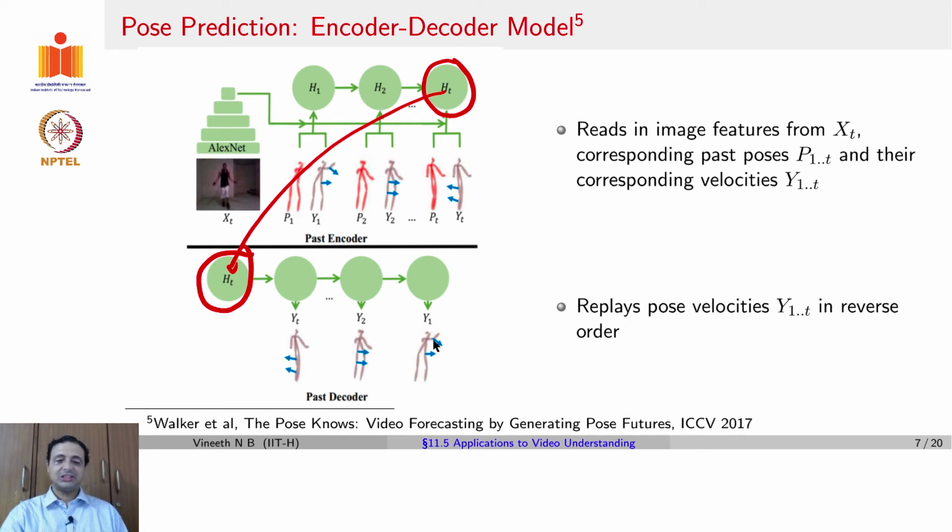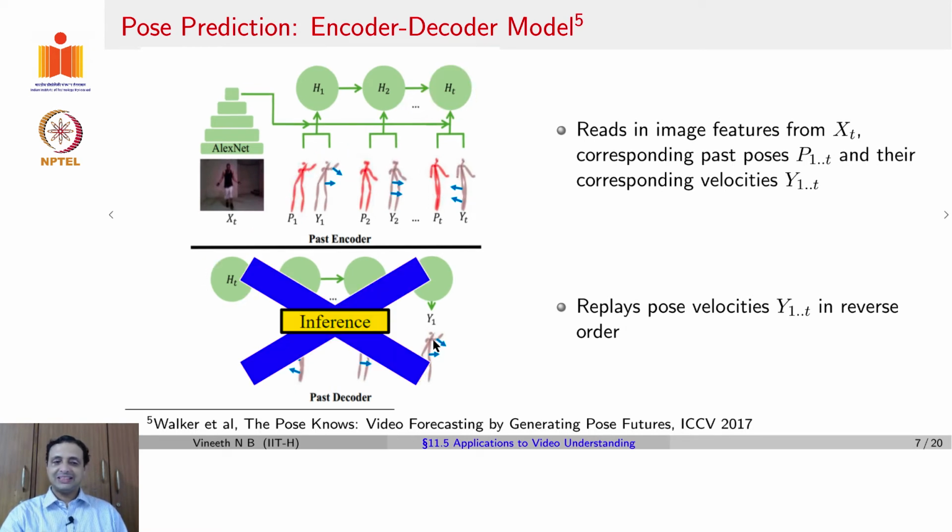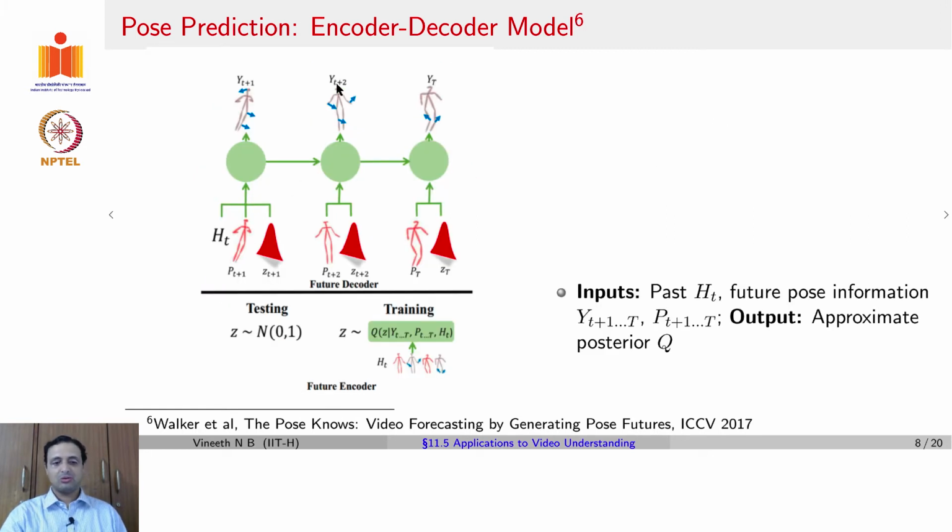Once such a model is trained, the decoder is taken away. Only the encoder is used to get these hidden states h1 to ht. What do we do with that? We now use that to go to a future encoder and a future decoder.